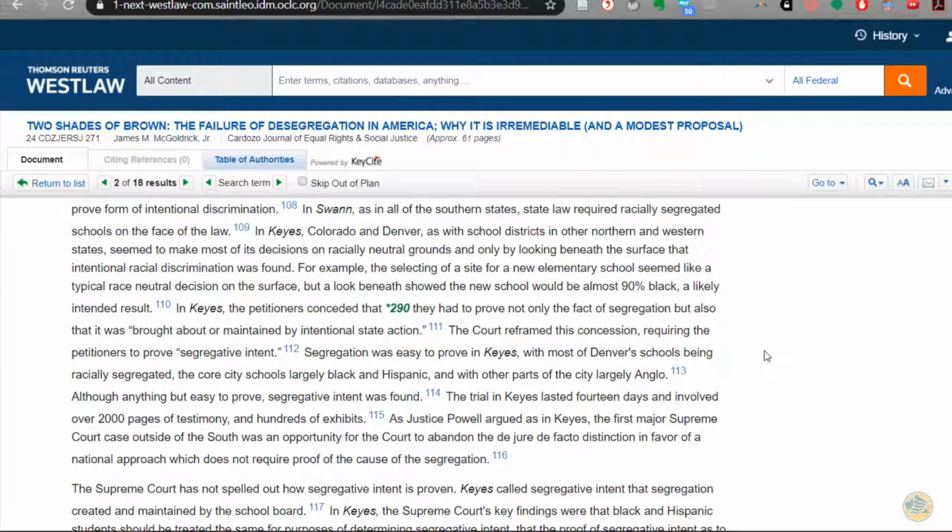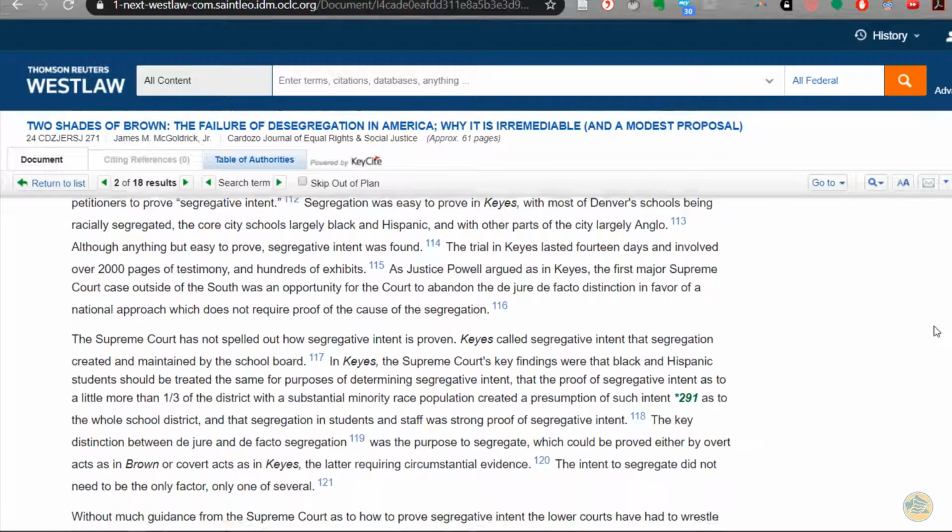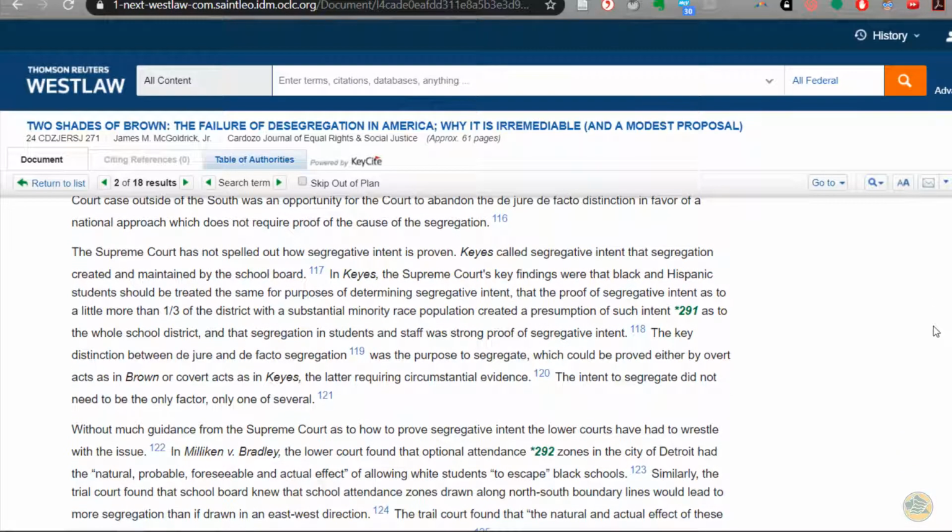The main point here is how segregation is defined, and you'll take a look at the footnotes to see how segregation was argued in those different cases. So this might be something that you write about in your paper as far as how it was interpreted, how it was defined, and so on.